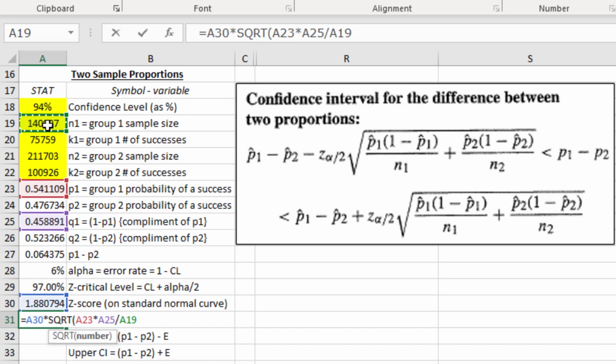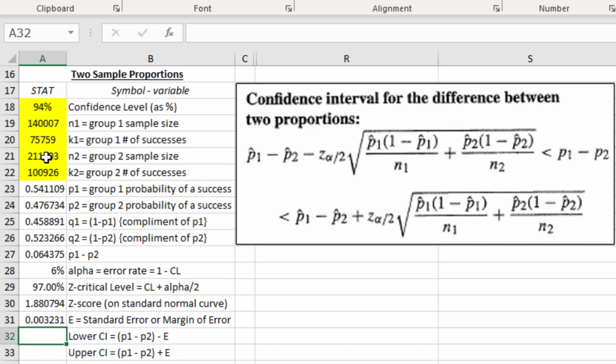So it'll multiply, then it'll divide by n1, then it'll add the next thing, but when we put in the addition, it knows to first do the multiplication and division, so we can just do p2 times q2 divided by n2. And then close the parentheses because that's everything that's inside the square root. Hit enter, and there is our E, our margin of error.